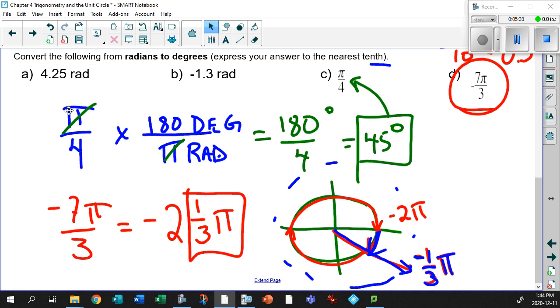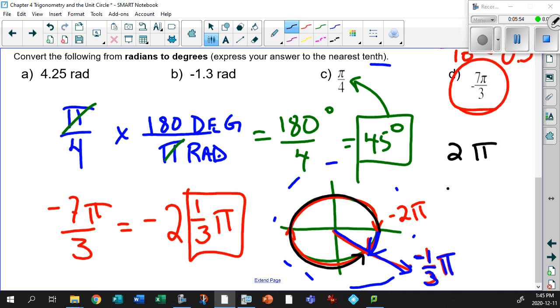Then my question is how do you go from here all the way to a positive pi value? Well, simple. Remember what 2 pi is, right? 2 pi is a distance all the way around. So take this 2 pi, subtract the negative 1/3 pi, and you've got your answer. A positive value going all the way around, right? So it's like saying going all the way around here, but knock off that negative 1/3 pi and just come back to this part right there.